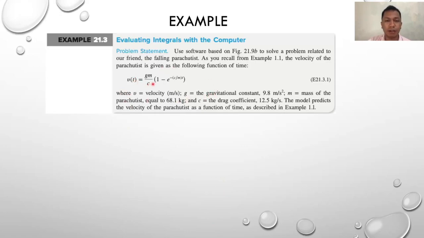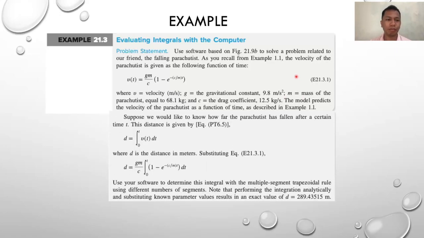That's v(t) is equal to gm over c quantity 1 minus e to the power of negative c over m quantity t, where v is the velocity, that is in meter per second, g is the gravitational constant, that's 9.8 meter per second squared, m is the mass of the parachutist, which is equal to 68.1 kilogram, and c is the drag coefficient.